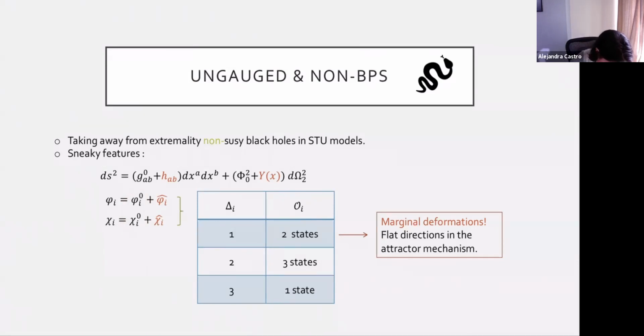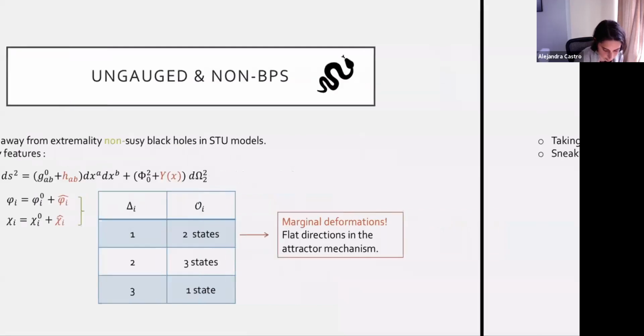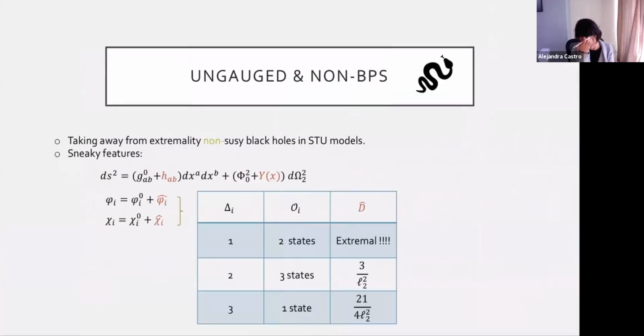But what is problematic in this example is this spectrum of operators. Evita can tell you all about the headaches that we've had with this very naive and simple example.